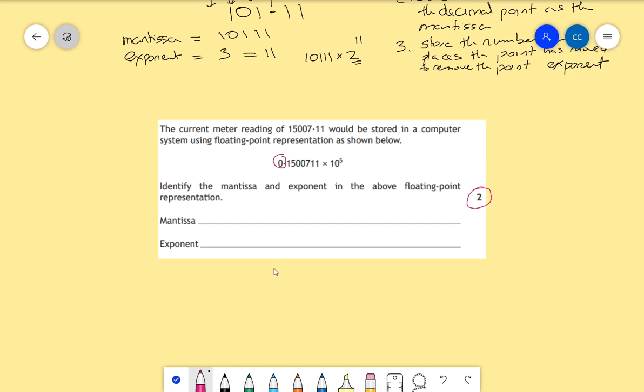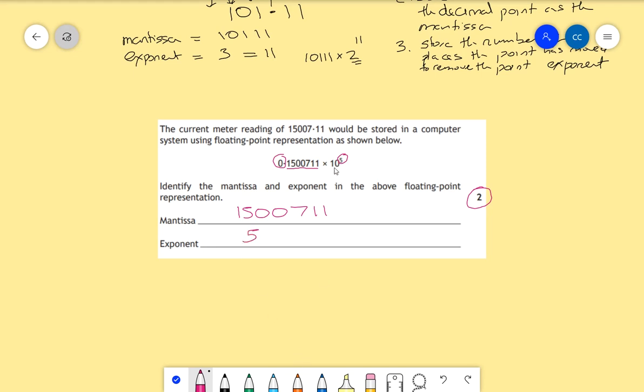It's just there as standard notation. The mantissa is the number with the decimal point removed. So the answer to this mantissa is 1500711, and the exponent is here and it is 5.